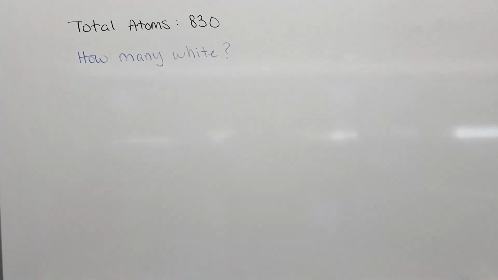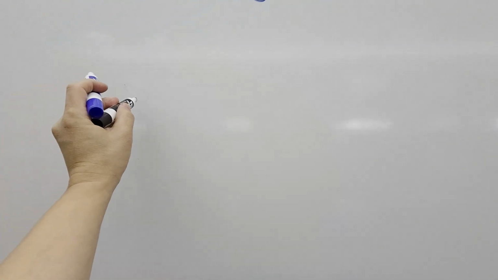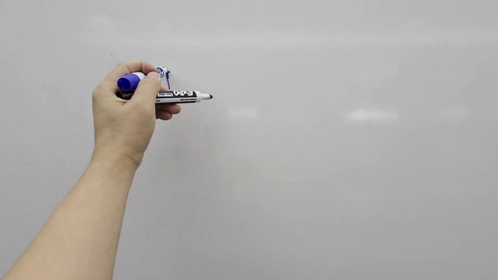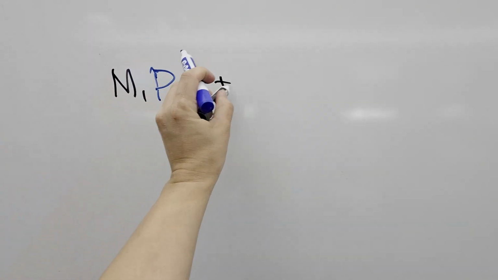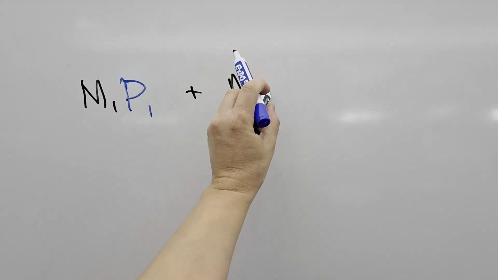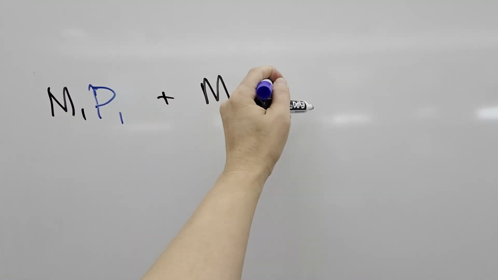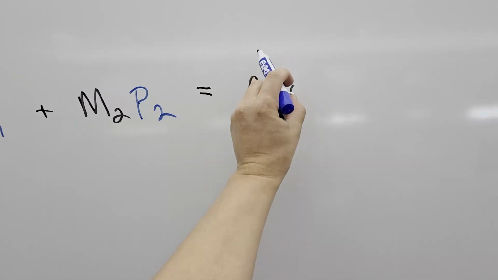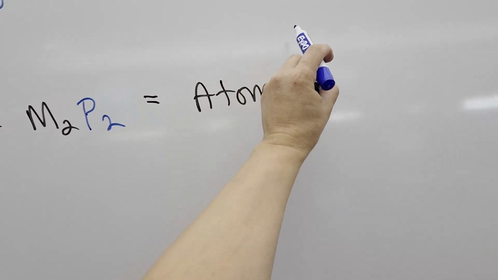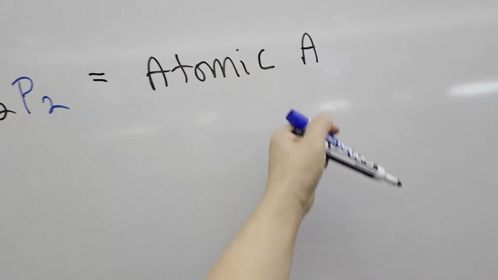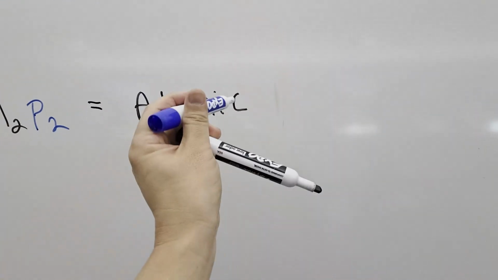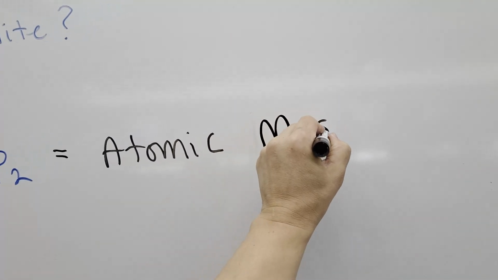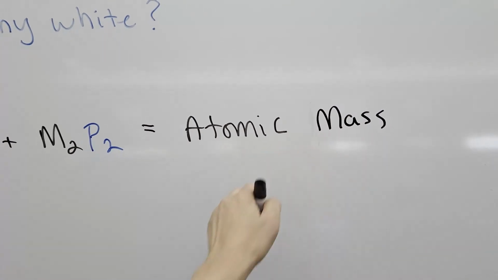The formula I'm going to use is M1, P1, plus M2, P2 is the atomic mass, which is a weighted average.